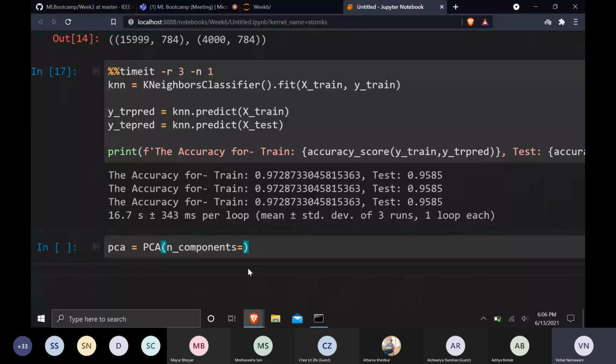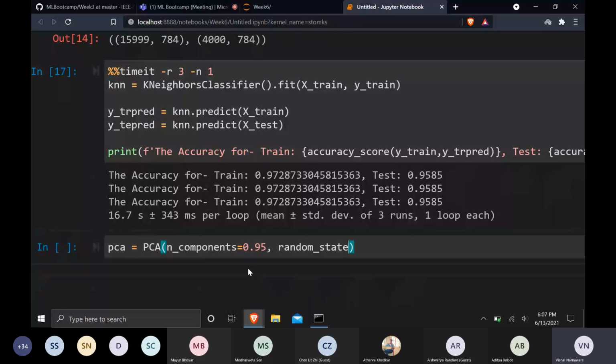But if you give a value between 0 and 1, sklearn will think of it as explained variance. So if you write 0.95 here, sklearn will think that you want a model that has enough features to give a 0.95 explained variance, right? I'm going to set the random state as 101 for reproducibility purposes.